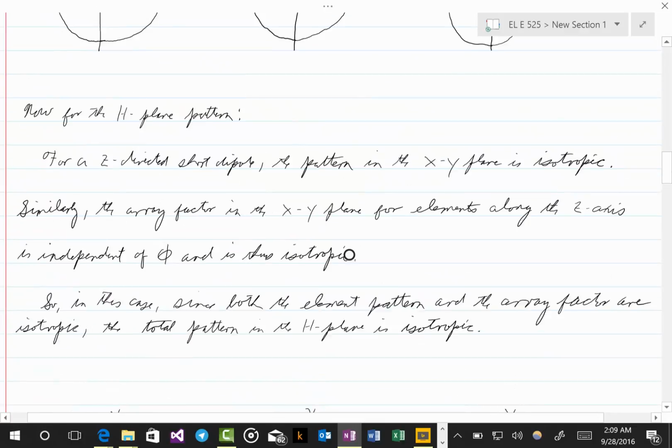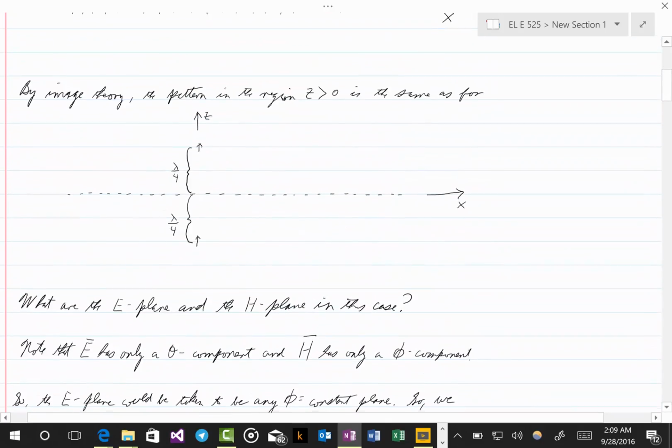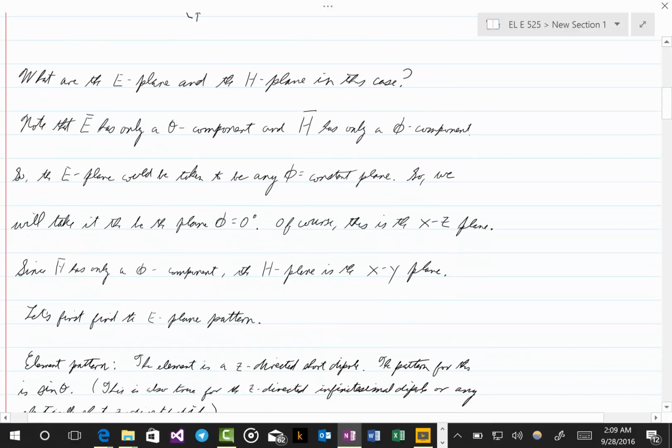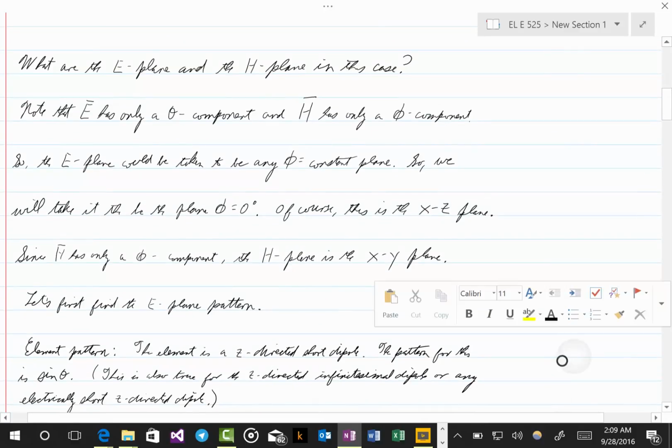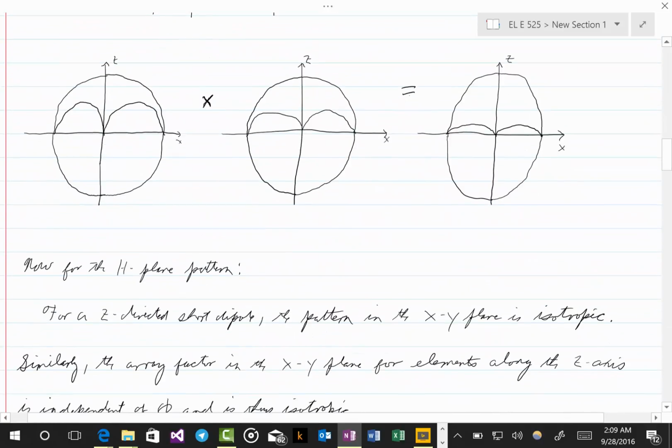And if you go back and look at the picture we're talking about, I don't think this is too surprising: if we go around the z-axis, as long as we maintain a constant distance around the z-axis, the field from these two vertical dipoles is not going to change. So that concludes what we get for the vertical dipole case.